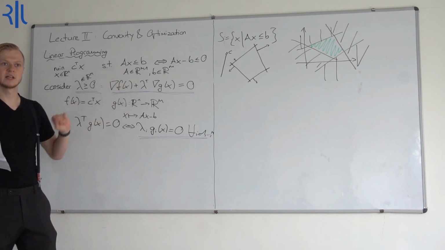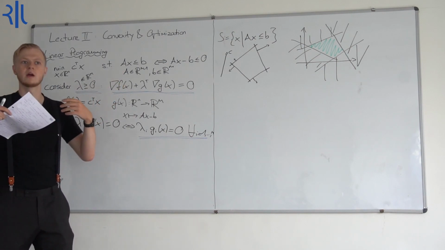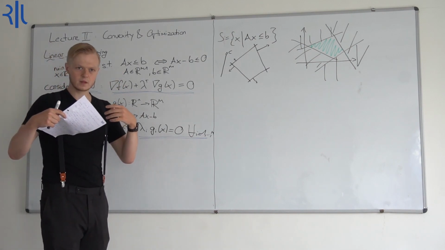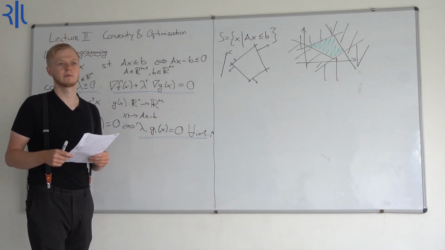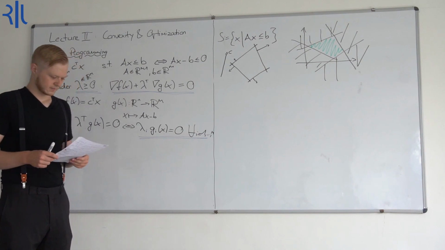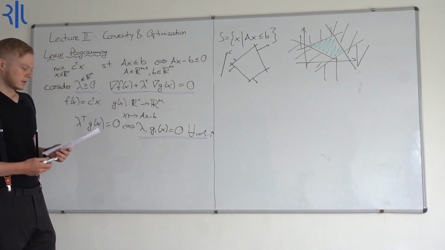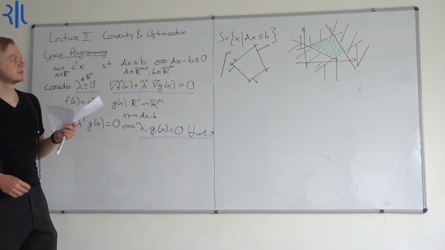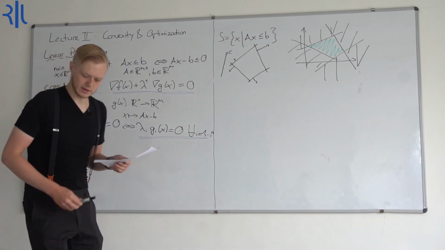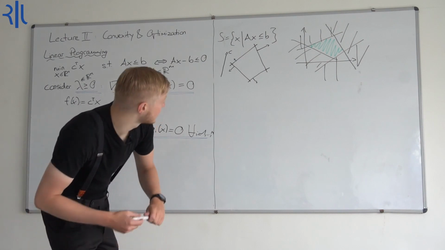It's not just for linear optimization, but it holds true for most kinds of constraint optimization that we will encounter. So with this as the fundament of constraint optimization, maybe we should illustrate that here.